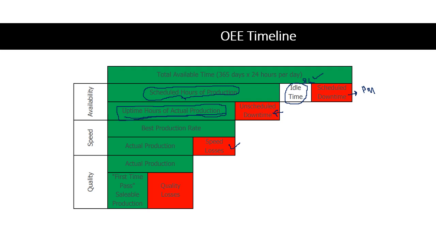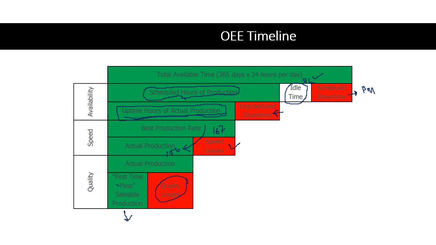So this will reduce from base production rate to actual production rate, which in our earlier problem was 167 and reduced to 100. Now within 100 there will be some quality issues, there will be some bad production. So when we minus it from the actual production, we get the sellable production.